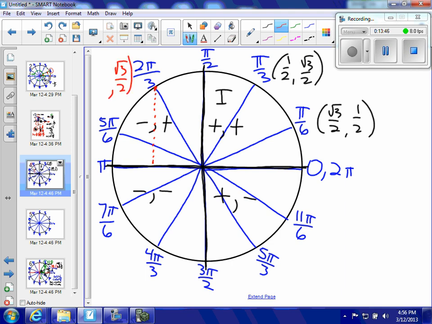And the length of my x value is going to be 1/2, but it's going to be negative 1/2 is the point. Or if I'm down here at 7 pi/6, again, I'm going to make myself a 30, 60, 90 right triangle. I can see that my y value at 7 pi/6 is negative 1/2. And my x value is negative radical 3/2.